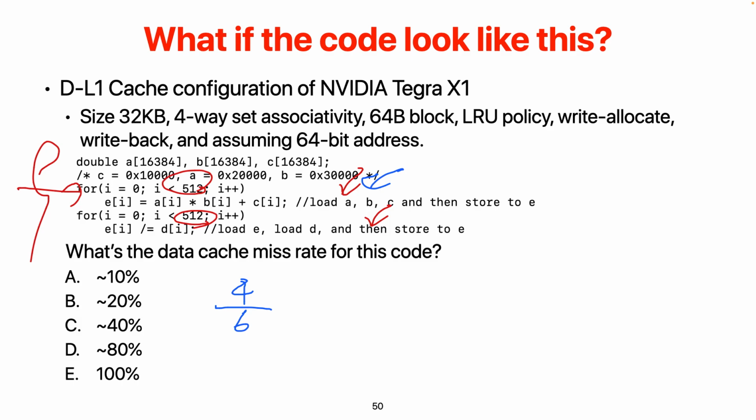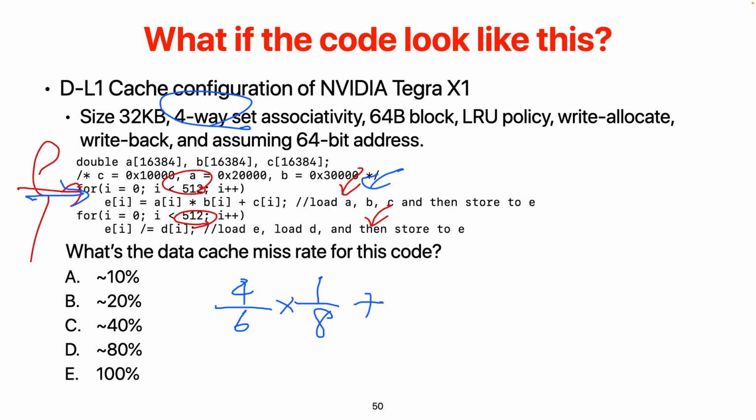Why is it 1/8? Because if we modify the code, in the first loop we only traverse 4 different data structures at the same time, so they would perfectly fit into the 4-way cache. So you are only seeing compulsory misses, right?